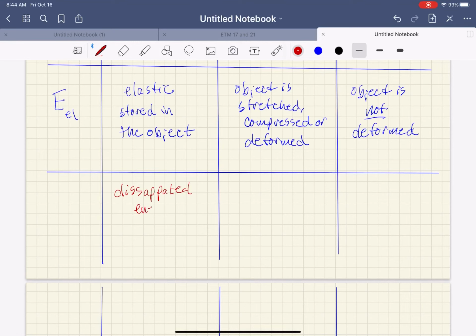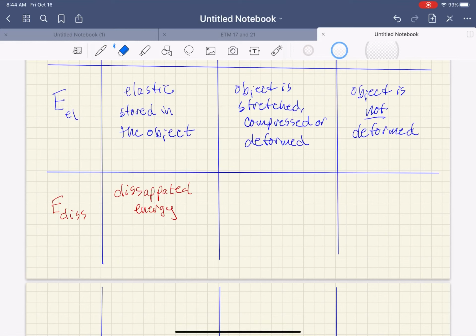Dissipated energy. The symbol is E-dis, and that is due to particles moving faster, like when I rub my hands together or when I clap my hands. I have dissipated energy due to particles moving faster.